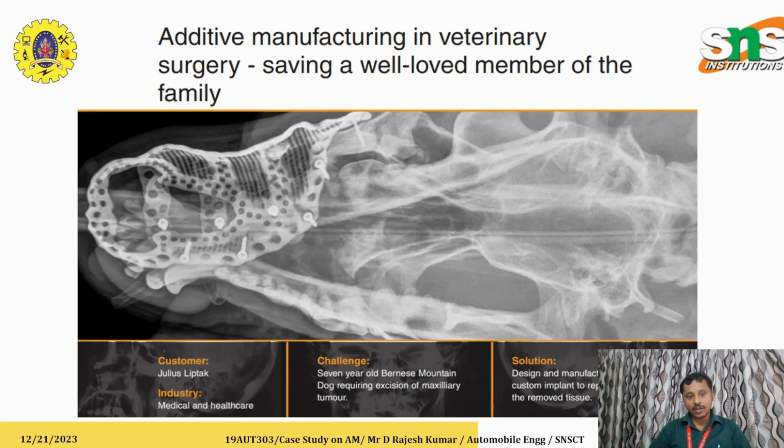Likewise, dogs also have different body structures or bone structures, so one design cannot suit all dogs of a specific variety. So that is the challenge here. The solution we are going to see inside the slide.